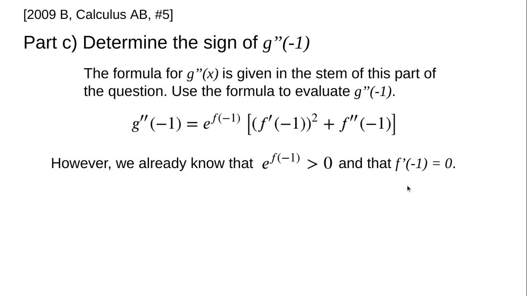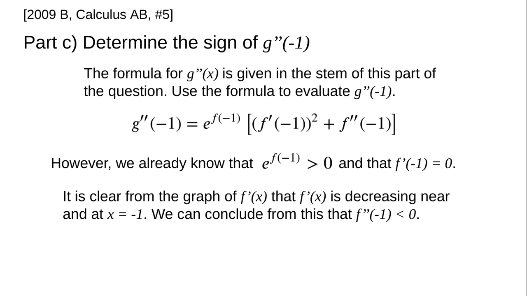However, we've already determined that e to the f of x is always going to be positive. So e to the f of negative 1, in terms of g double prime at negative 1, will always be a positive factor. We also know that f prime of negative 1 is 0.